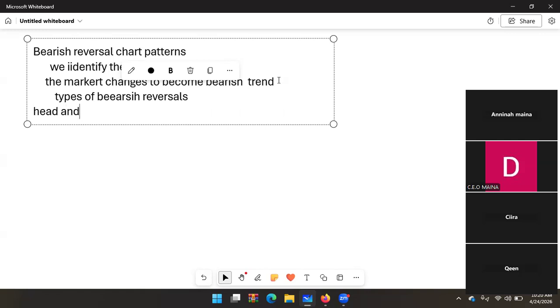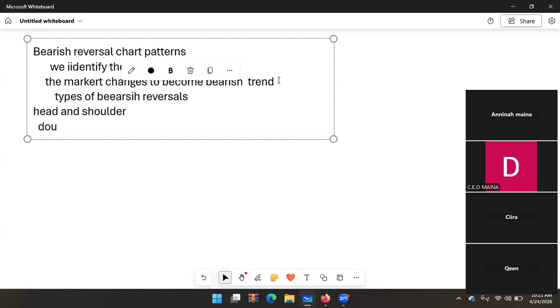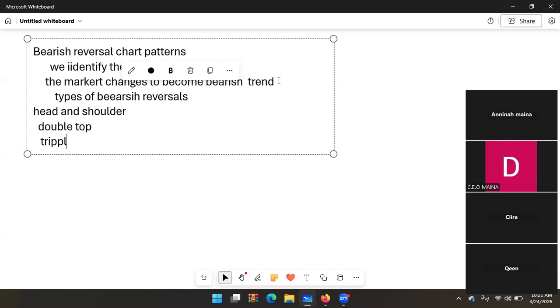Number two, we have a double top. And number three, we have a triple top. We have a double top, a triple top, and a head and shoulder.